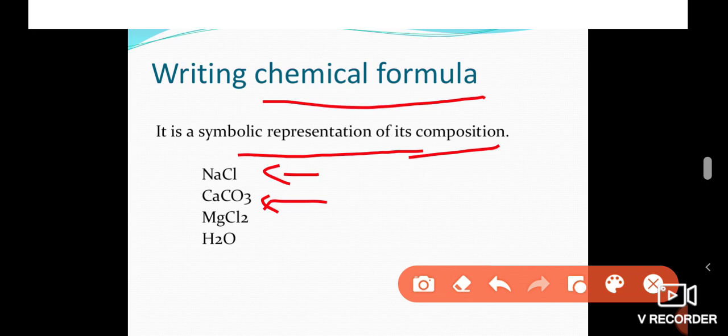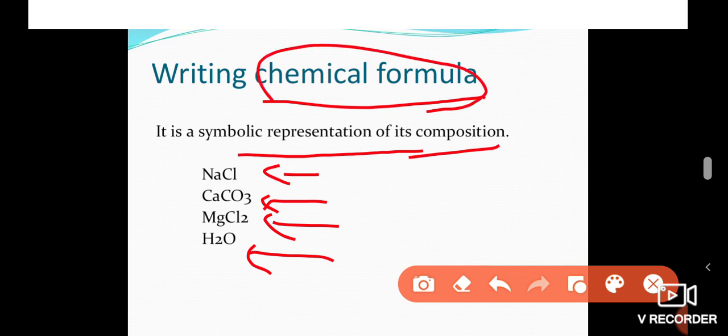It contains a calcium atom, a carbon atom, and 3 oxygen atoms. Like that, magnesium chloride is made up of magnesium atom and chlorine atom: 1 magnesium atom and 2 chlorine atoms. Like that, water is made up of hydrogen and oxygen. It contains 2 hydrogen atoms. So the chemical formula tells what atoms are involved and how many atoms are involved. This is all the information we gain from the chemical formula.